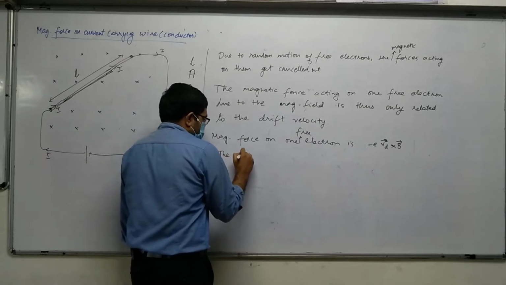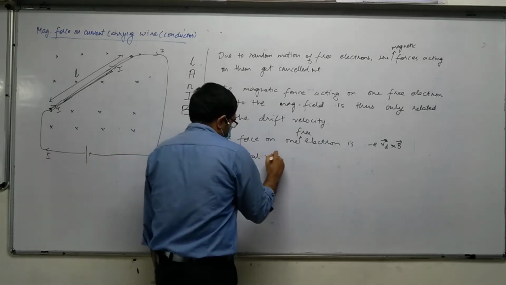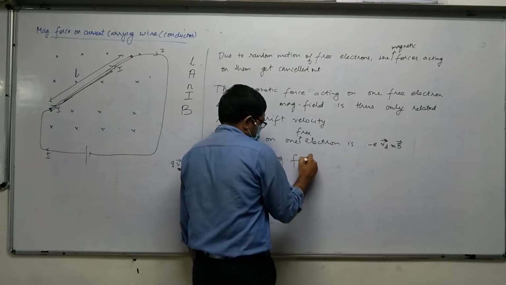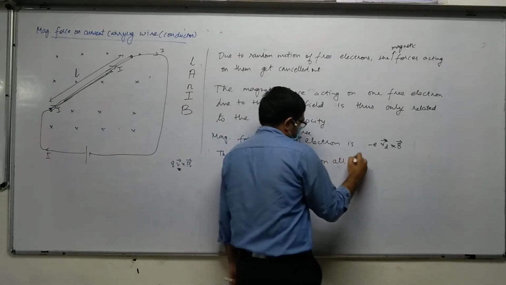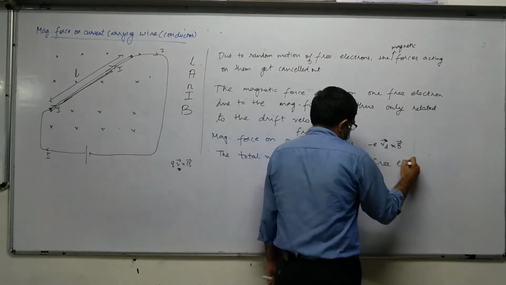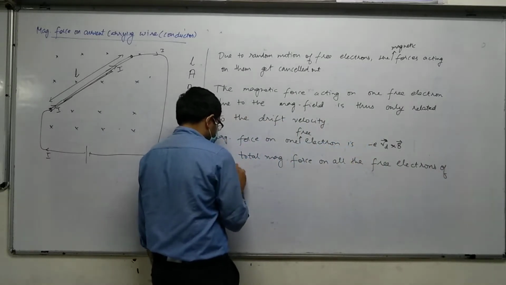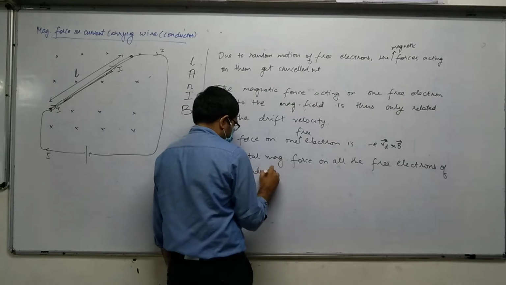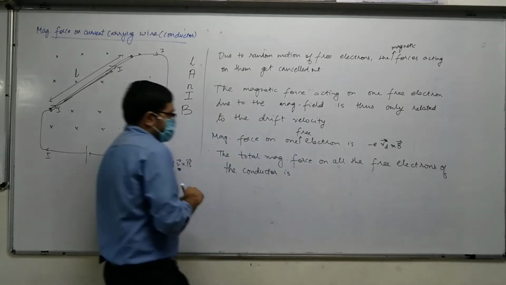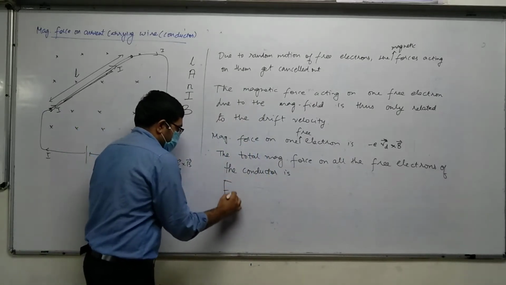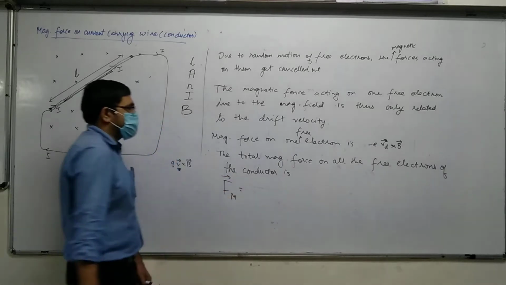the total magnetic force on all the free electrons of the conductor is Fm vector equal to.